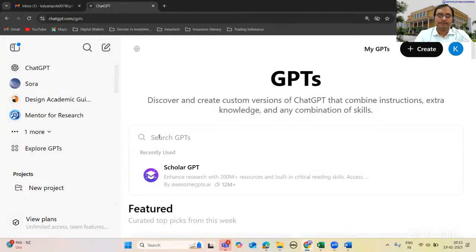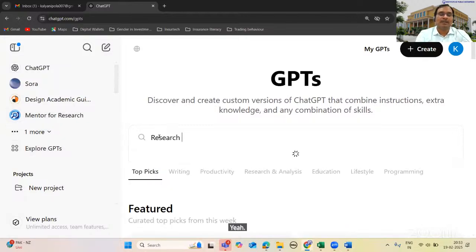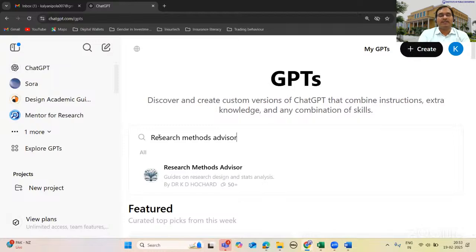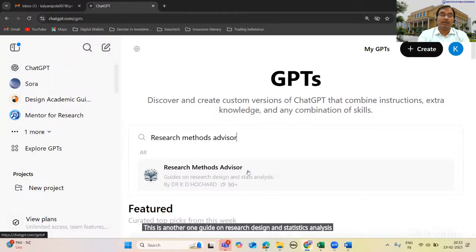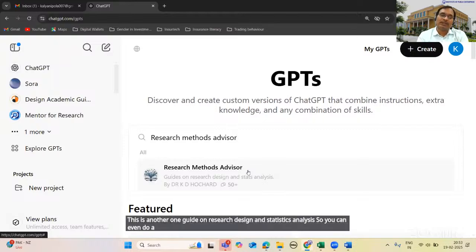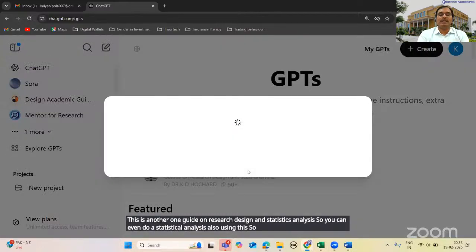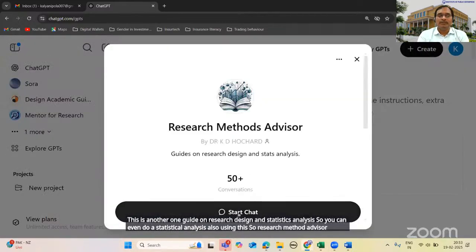Research methods advisor. This is another one, a guide on research design and statistical analysis. So you can even do a statistical analysis using this. So, research methods advisor, then start chat.